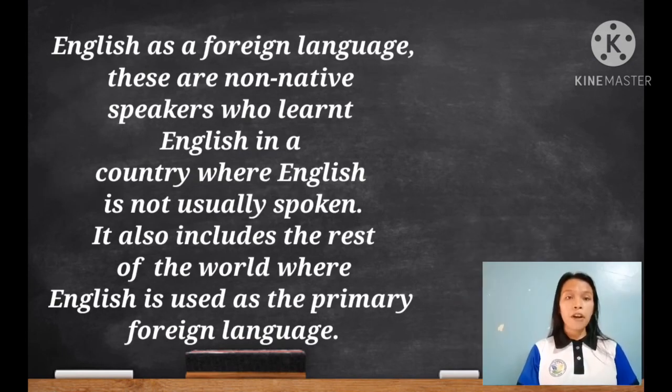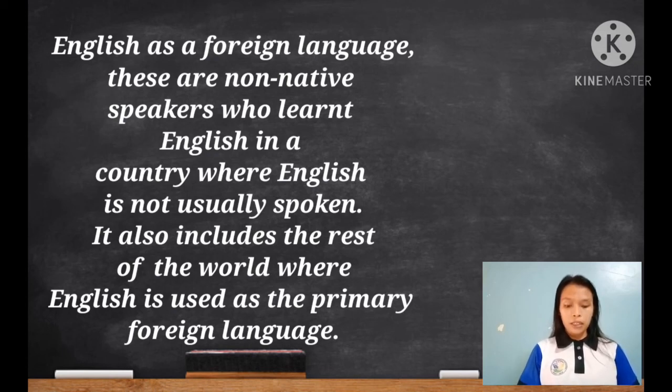English as a foreign language. These are non-native speakers who learn English in a country where English is not usually spoken. It includes the rest of the world where English is used as a primary foreign language. In addition, it is made up of English foreign language speakers where English is also not usually spoken.